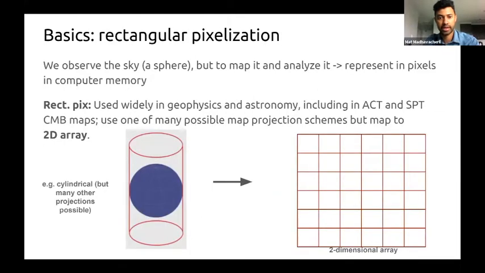You can think of rectangular pixelization as doing the same thing, but mapping it to a two-dimensional array. So one advantage of this is that you can load these as NumPy arrays in Python, for example, and then slice and work with them. There's many different ways of doing that mapping, and cylindrical projections are one of the ways you can do it. We'll see that in a bit.